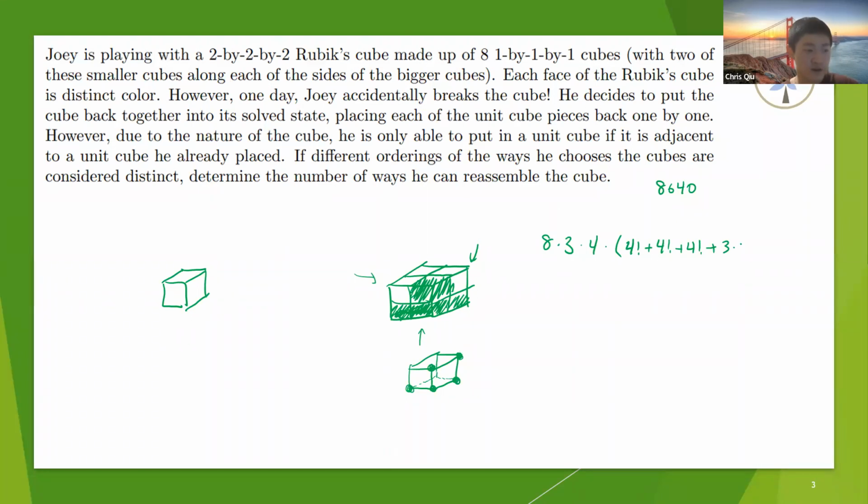So there are going to be 3 factorial ways to reassemble the remainder of the cube from here on. So this, through casework, is the number of ways we can reassemble the cube. And we can just calculate this out, and then we get that the answer is 8,640.